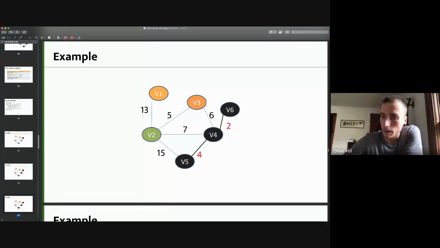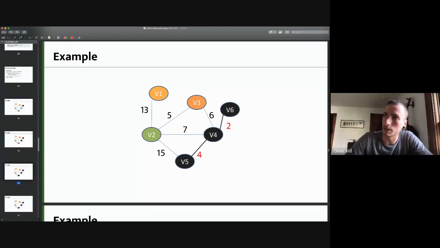And this is where it starts becoming a bit different than Prim's, right? Because we're no longer connecting the next edge to our current tree. All we did was say, okay, these three are in our minimum spanning tree. What is the next cheapest cost of any of these other edges? 15, 7, 6, 5, and 13.